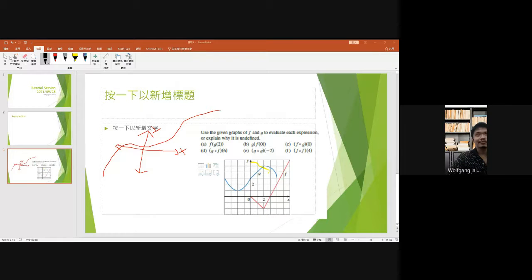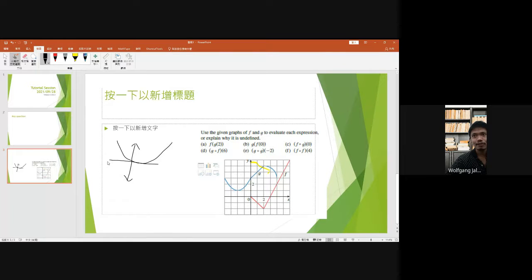Okay, let's return. So as I said before, basically in high school you only learn about functions that are continuous, something that looks like this. Now in our calculus, a function doesn't need to be continuous like this.